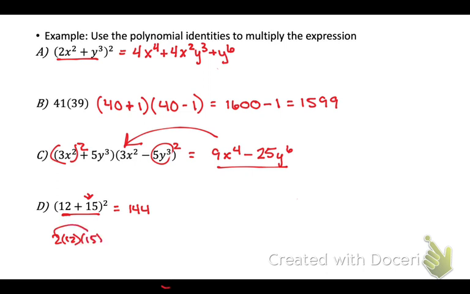Well, 2 times 15 would be 30, and 30 times 12 is 360. And then 15 squared is 225, which you should know. So if I add that all up, I get 729.